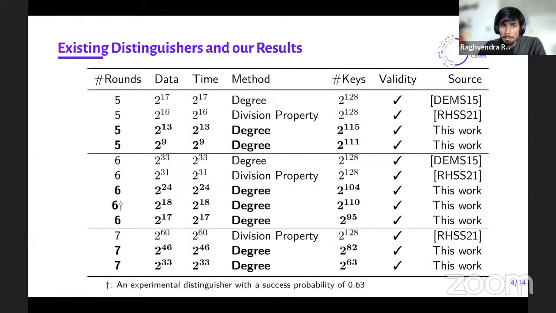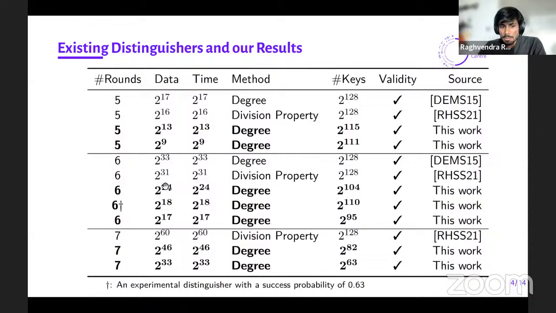So let me compare our distinguishers with the existing ones. For all rounds from 5 to 7, we are able to find some set of keys where we can decrease the data complexity drastically. For example, for 5 rounds, the previous was with 2 to the power 16 data. Now we find some set of 2 to the power 11 keys where the data complexity is 2 to the power 9.